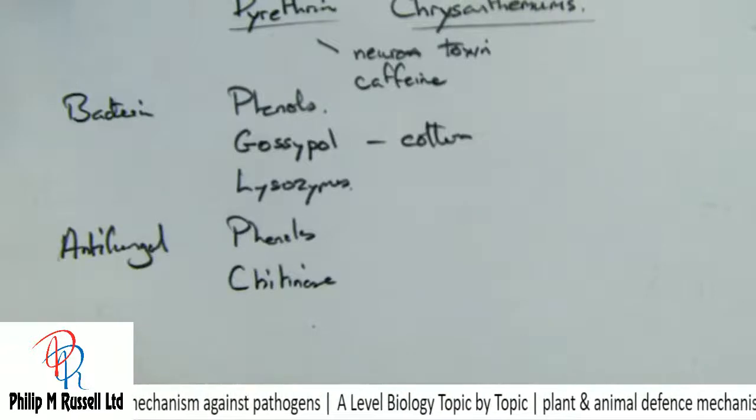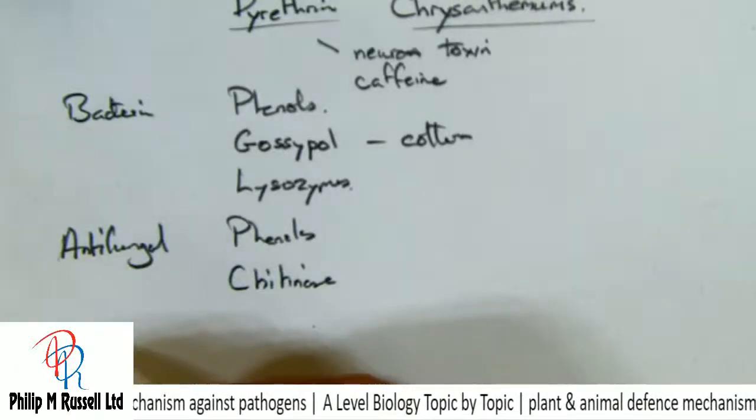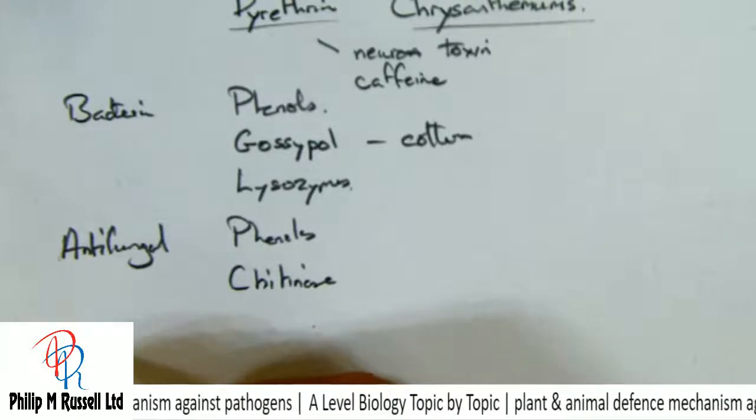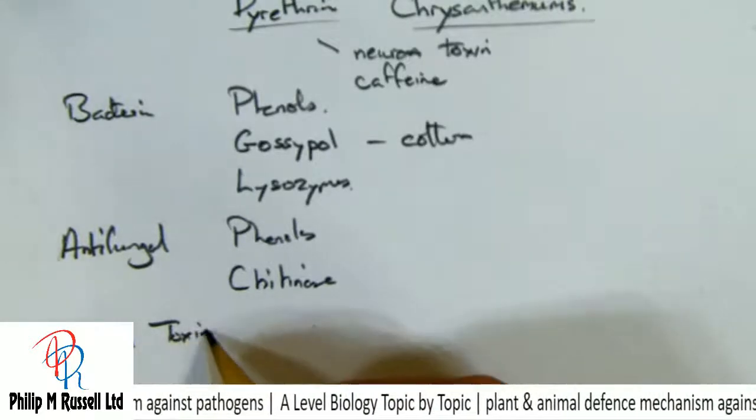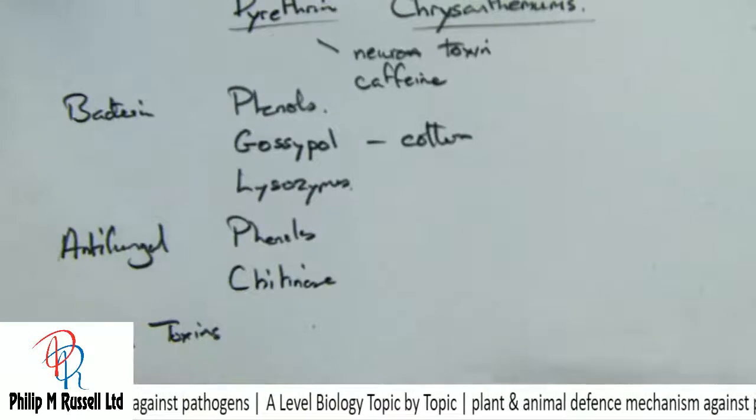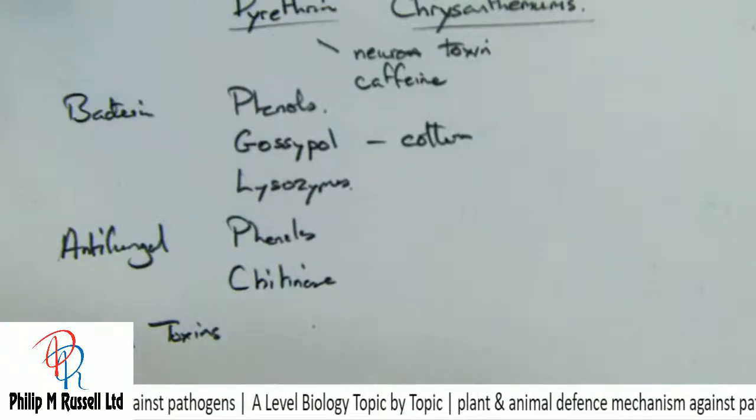There are also some more general toxins that plants produce, and these vary in various different things.